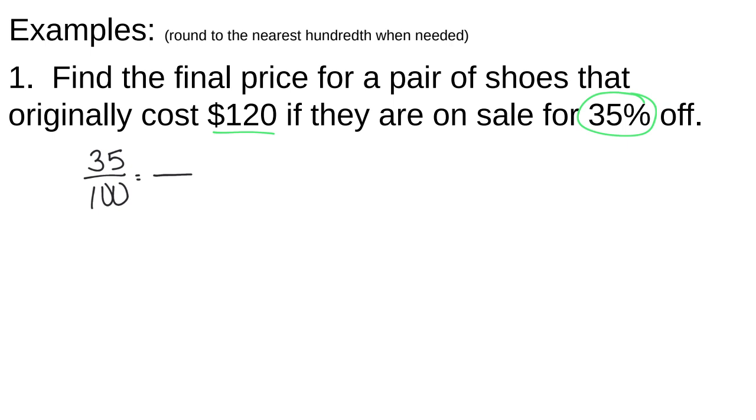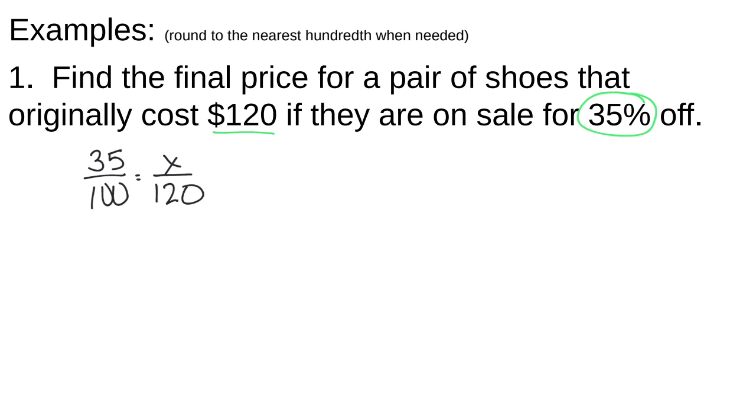We are only going to be paying a part of that. So 120 is going to be the whole original price of the shoes, and we are going to be looking for a part. Once we have it set up, we're going to cross multiply.